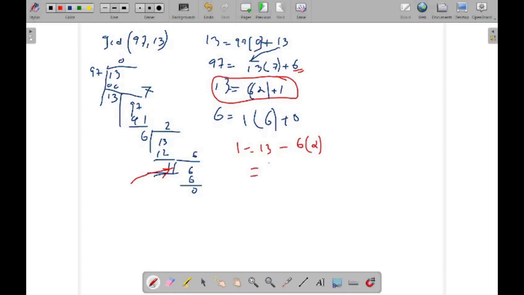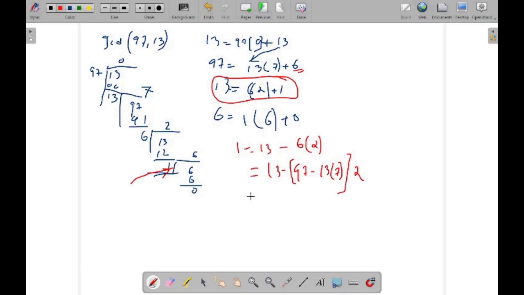So 6 will be replaced by 97 minus 13 into 7, and here we have a 2.